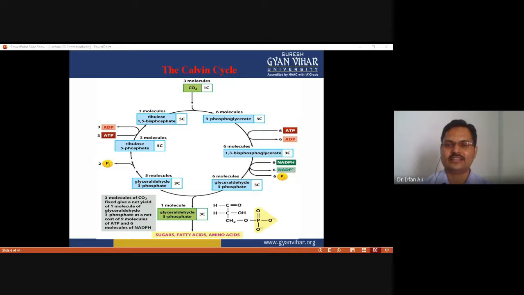So for the synthesis of one sugar molecule from one glyceraldehyde 3 phosphate molecule, nine molecules of ATP and six molecules of NADPH are utilized. So this is called the Calvin cycle, which occurs in each and every cell of the plant.